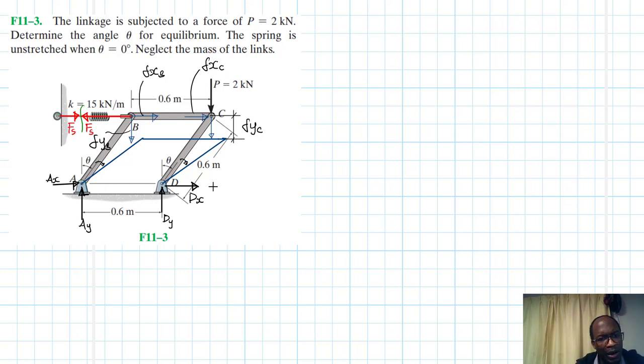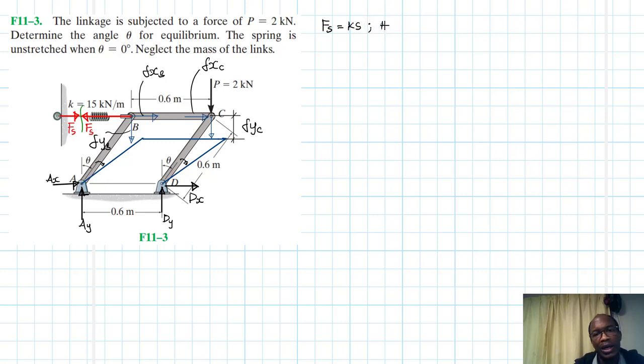Great. So our system is done and we've been told to neglect the mass of the links, right? So we have been asked here to find theta, but we have this spring force that we need to define. Okay, so we've been told that at theta, so spring force, we know that spring force is equal to the spring constant itself times the change in the stretch, okay?